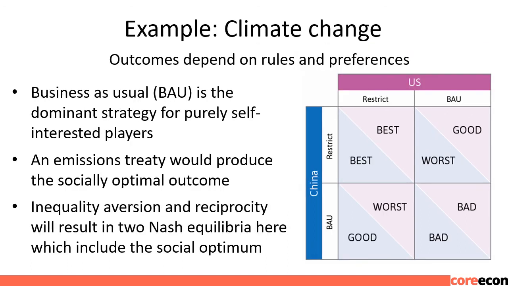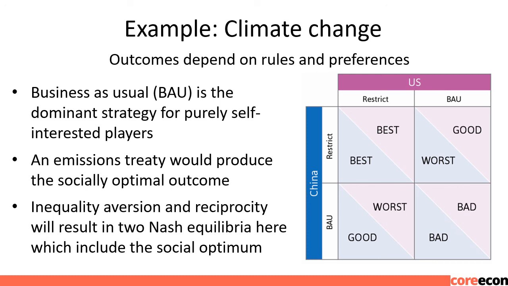Example: climate change. The two countries, China and the US, have to choose between climate change policies to restrict emissions, restrict, or continue with business as usual, BAU. Outcomes depend on rules and preferences. Inequality aversion and reciprocity will result in two Nash equilibria here, restrict-restrict and BAU-BAU, which include the social optimum.